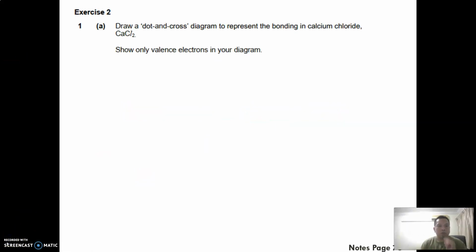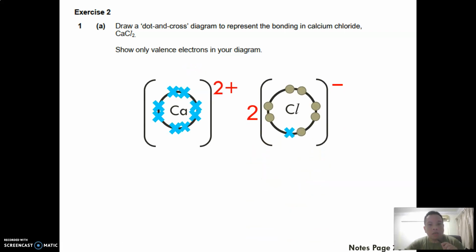Okay, so I'm going to assume that you have tried the questions, and we're now going to look at the answers. The first one is to draw dot and cross to represent the bonding in calcium chloride, CaCl2. We have talked a bit about ionic dot and cross, so I'm not going to go through all the steps again. Take note of common errors.